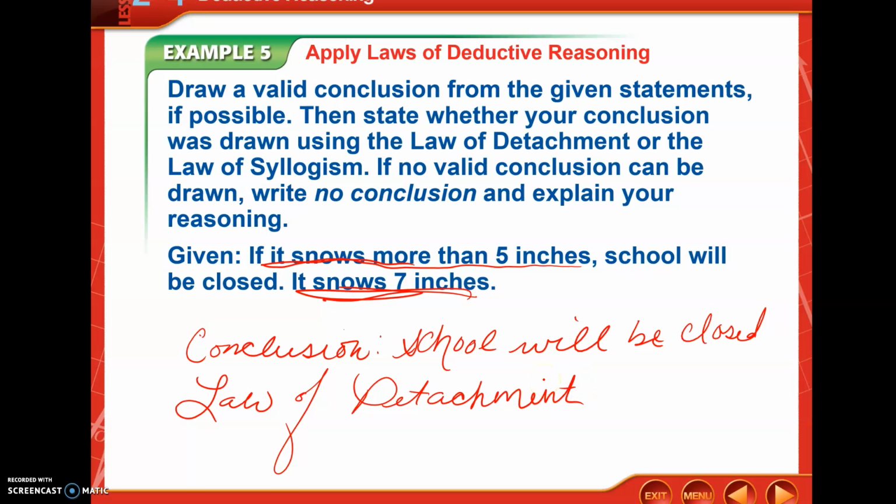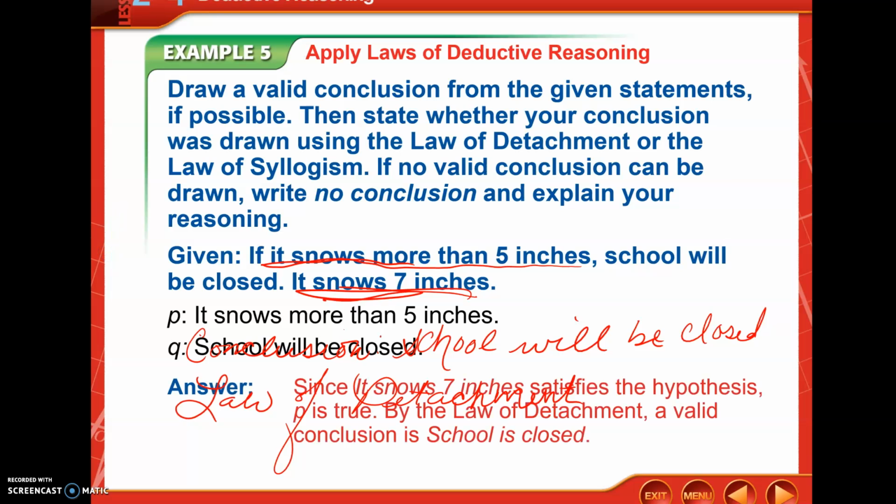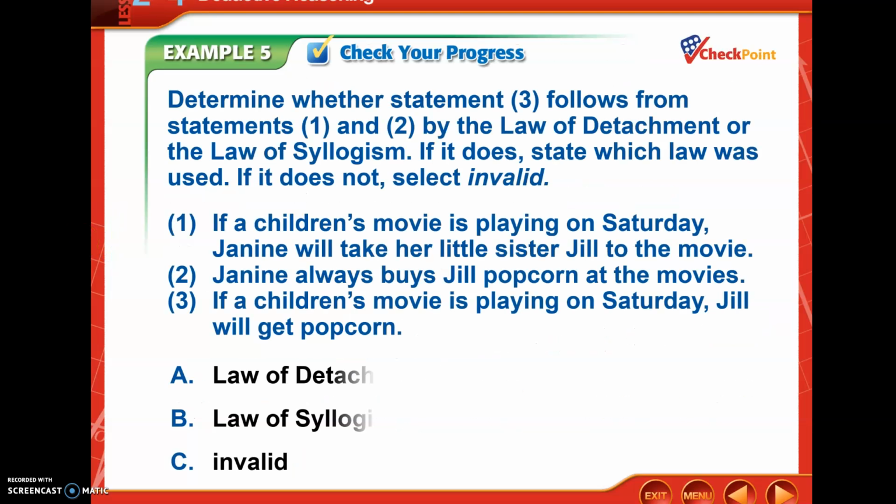Remember, law of syllogism has to have 3 if-then statements, 2 that should start off with. So, if a children's movie is playing on Saturday, Janine will take her sister Jill to the movie. Janine always buys Jill popcorn at the movies. So notice I took the then, or if Jill goes to the movie, then they will buy Jill popcorn.